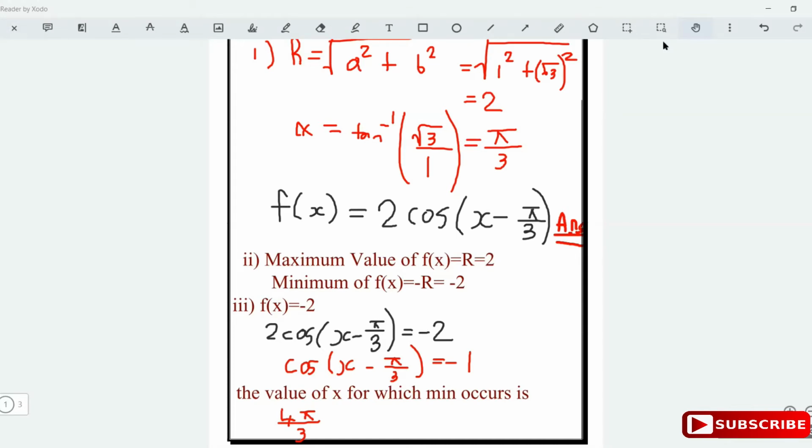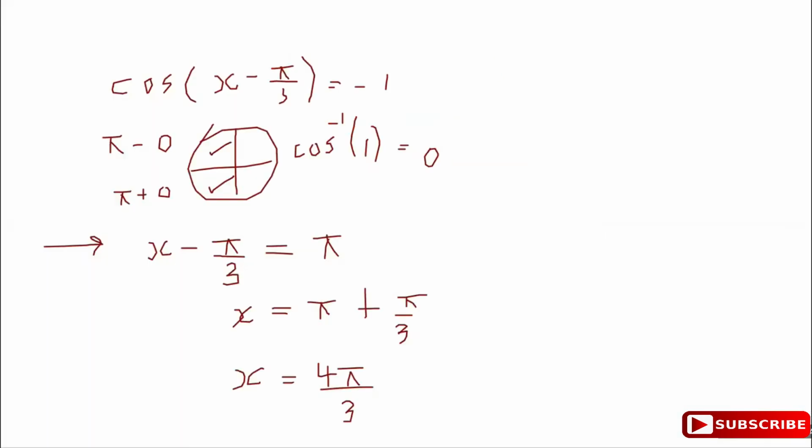To find the value of x for which the maximum occurs, we have to solve f of x equal to the maximum, which was f of x equal 2. That's when f of x is maximum. So what we're solving again is 2 times the cos of x minus pi by 3 equal to 2, and we're solving for x.